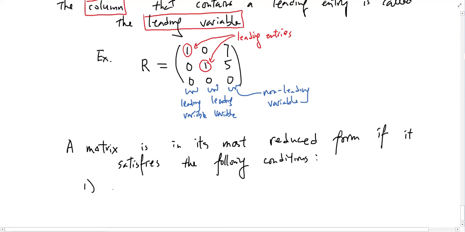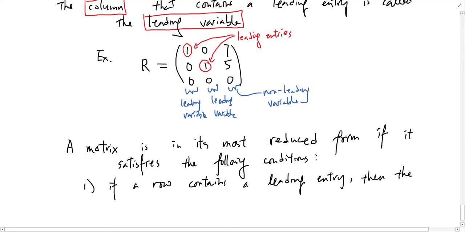Number one, if a row contains a leading entry, then that leading entry must be the number one. Okay, it cannot be any other number. If you have a leading entry, it must be number one.